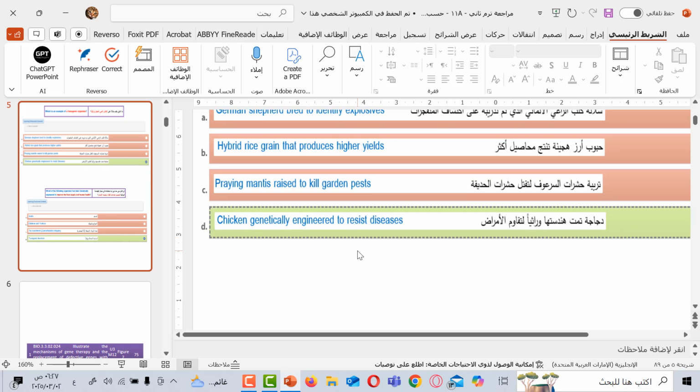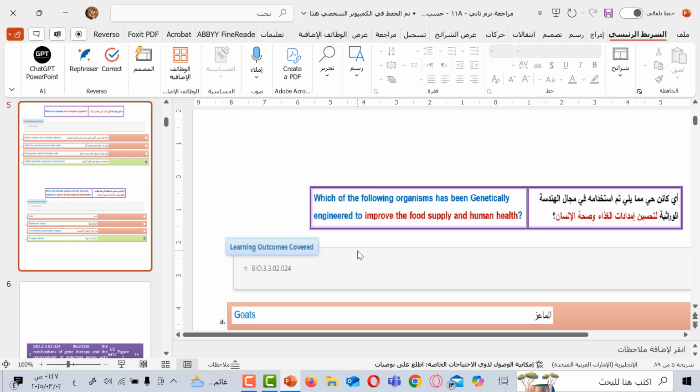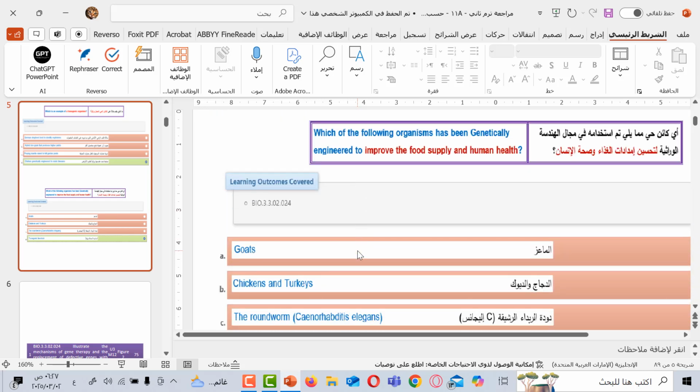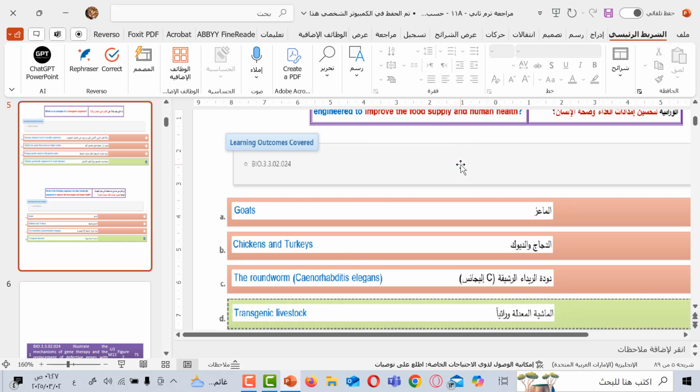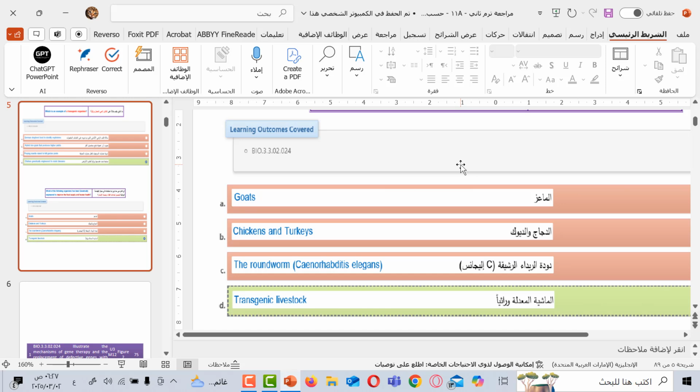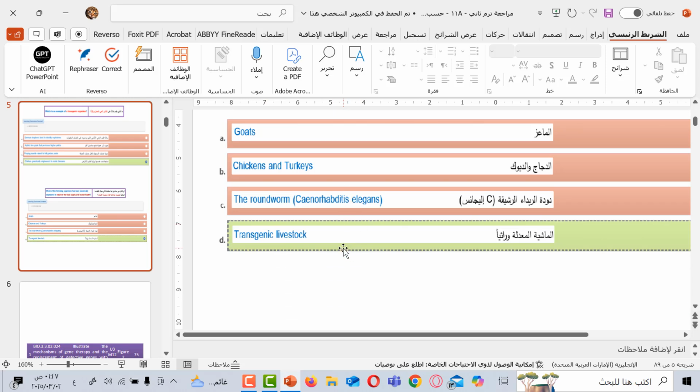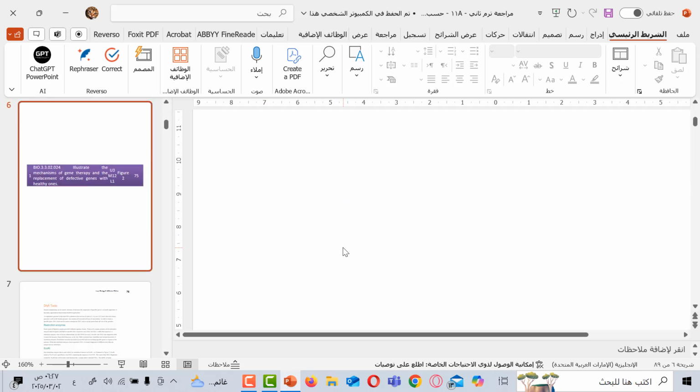Let us see the next question. Which of the following organisms has been genetically engineered to improve? Again, this is another question, which is again transgenic livestock. Let us see the page after that.